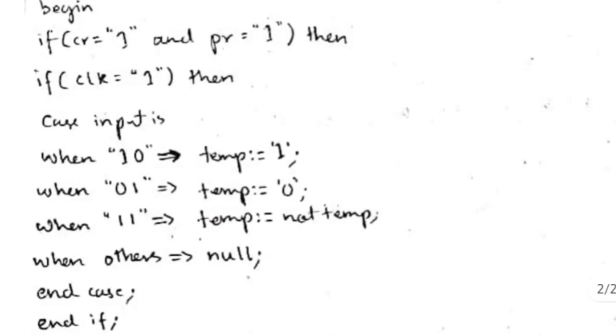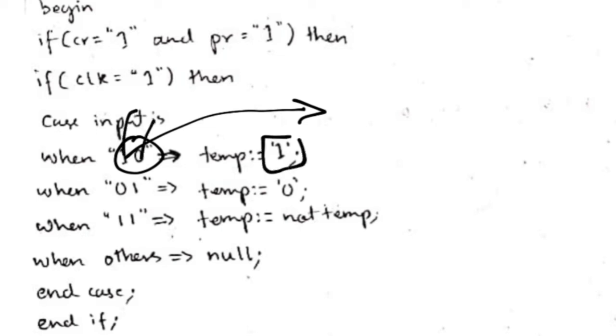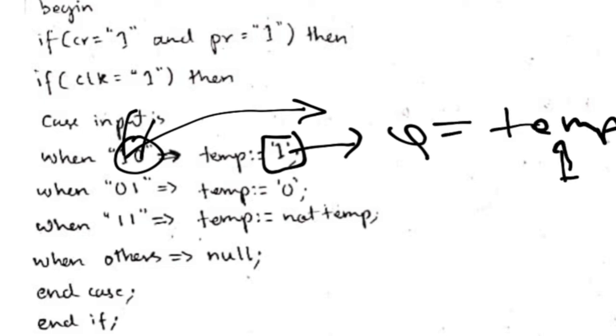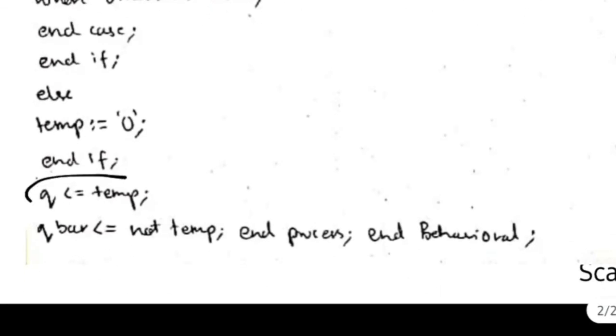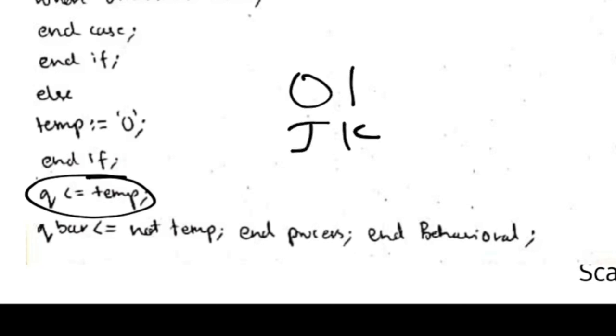When this is the input, which is the J and K value, J is 1 and K is 0, at that time temp is 1. So Q is equal to temp, that means Q will become 1. This 1 will go and get placed in Q. Else if it is 0 1, J and K, temp will become 0.